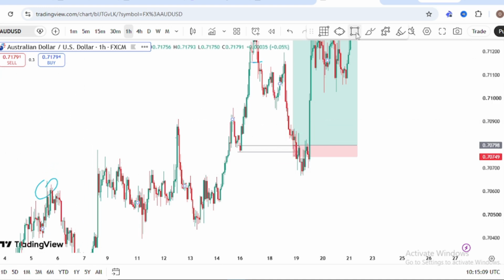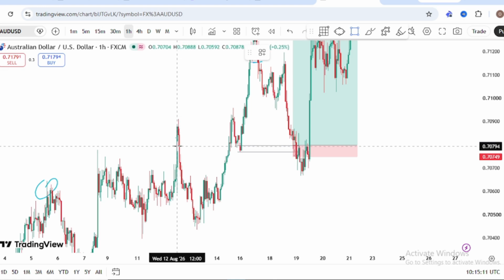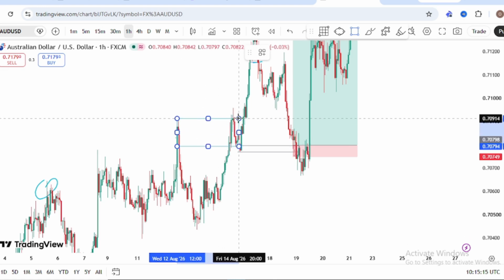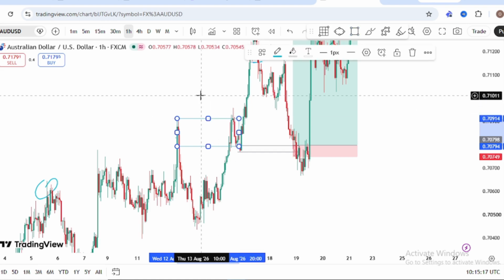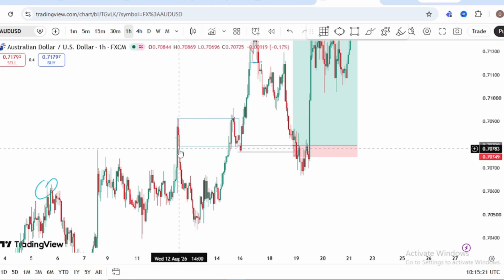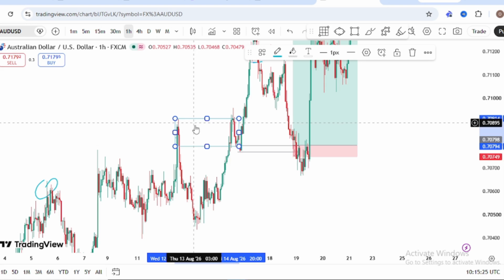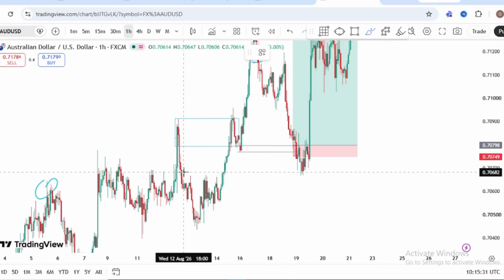Some SMC traders can also see this as a short opportunity if they fail to consider the direction of the market, which is the higher time frame bias. As you can see here, this is a valid fair value gap, and here is liquidity. Let's mark it together.